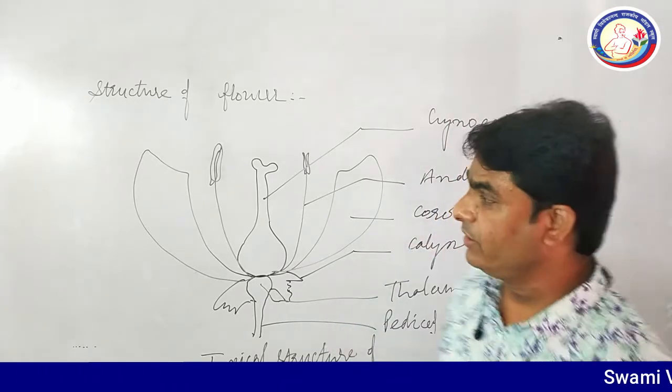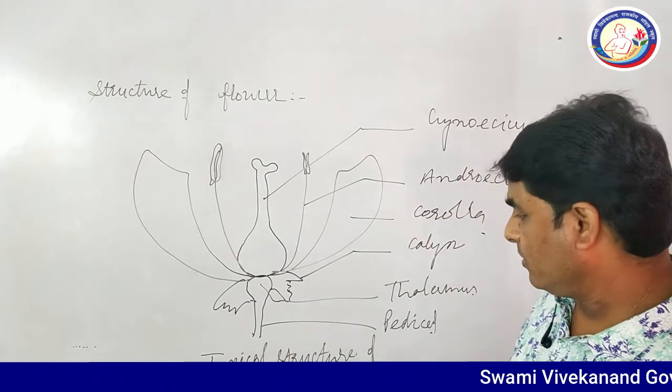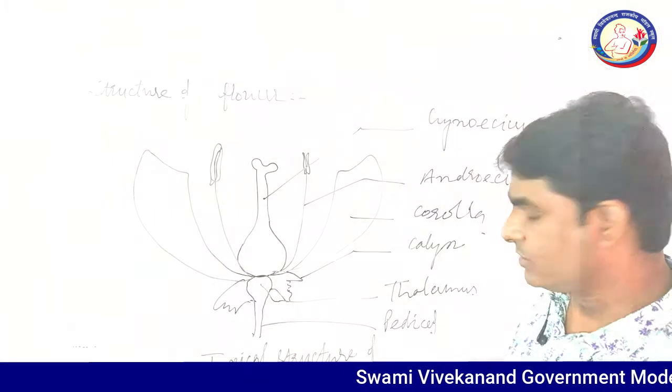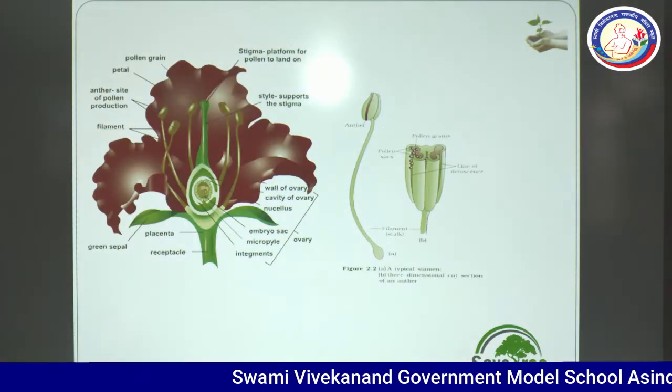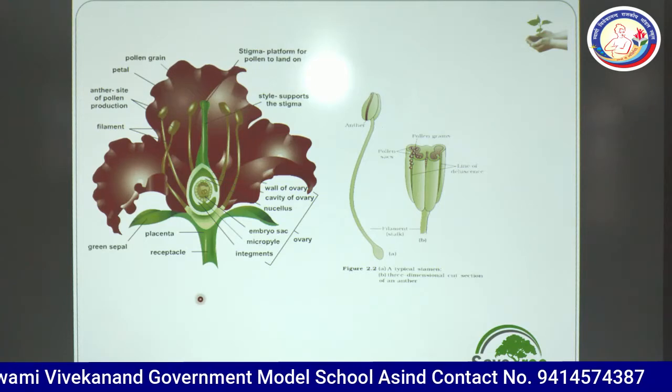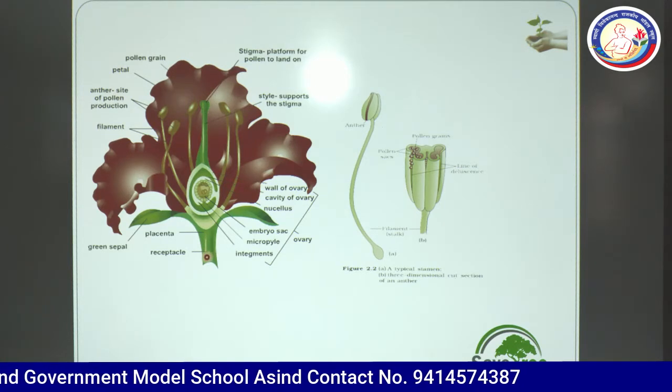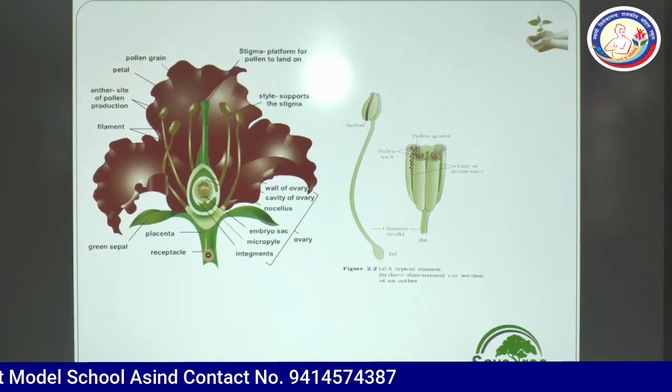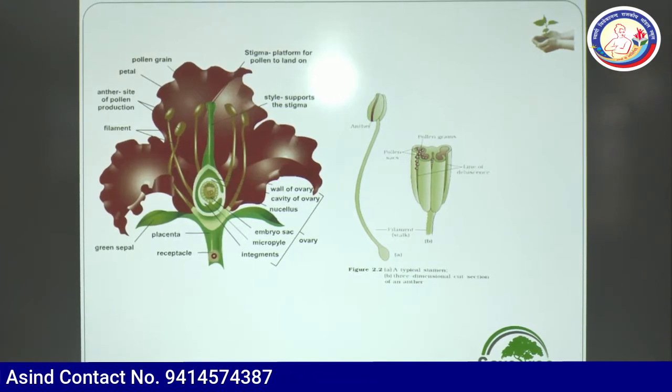Now, for more details, we will study its structure. So students, this is the colorful structure of the flower. You can see this pointed part is the pedicel. It holds the flower on the branch of the plant, and its swollen structure you can see at the point.